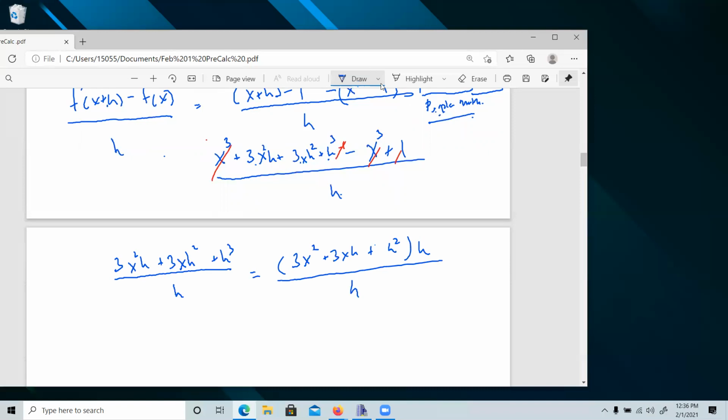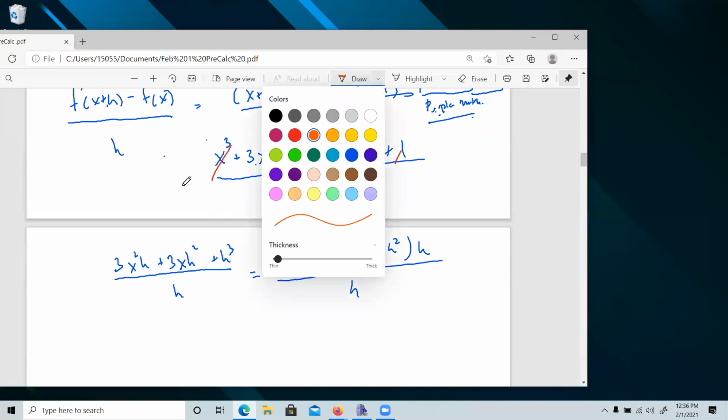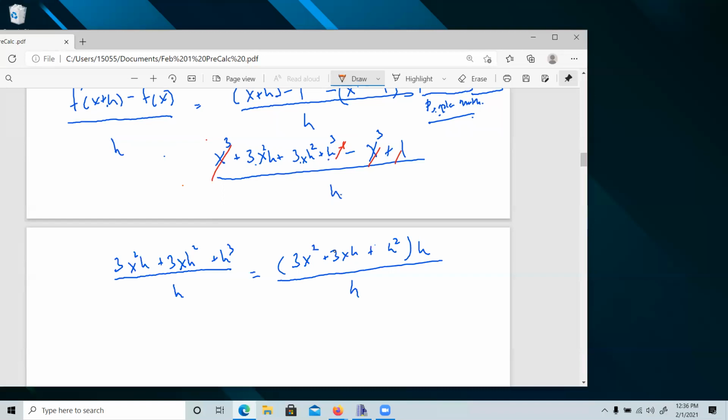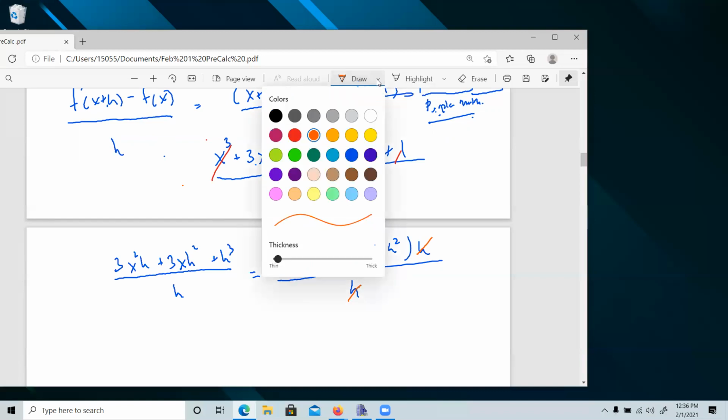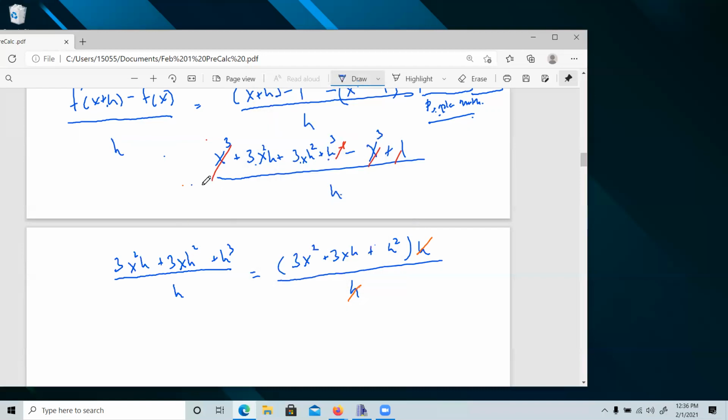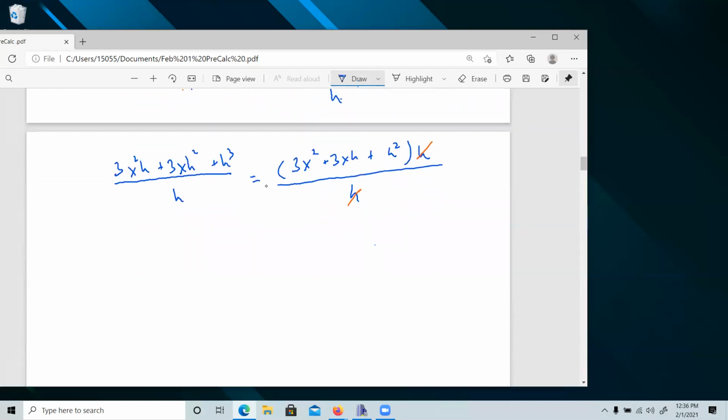Now we're going to cancel that. And again, how do I know that we're done? You canceled that h. That's how you know you're done. I cannot tell the difference between red and orange. So our answer here is 3x squared plus 3xh plus h squared.